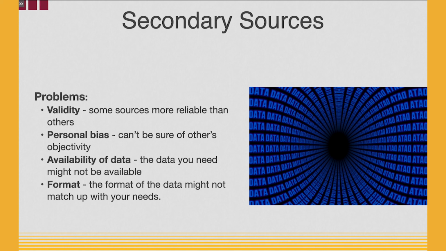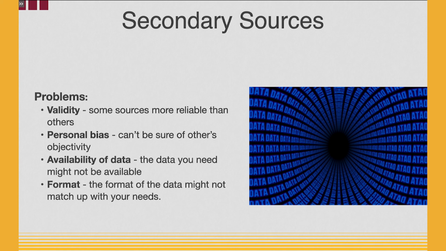Data that's been published in articles in established journals, academic journals, medical journals, that kind of thing, are usually pretty good. Governmental databases are usually pretty good, university databases and that sort of thing. Somebody on Wikipedia, probably not a good, reliable source. You don't know when you are using other people's data if they were objective or if they had personal bias, so you just have to be careful of that.